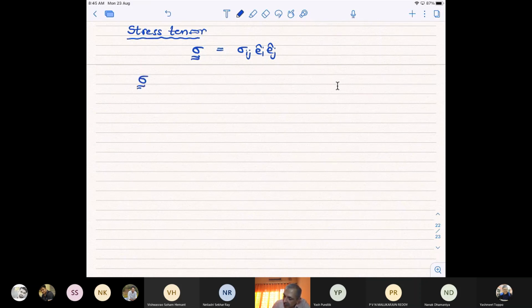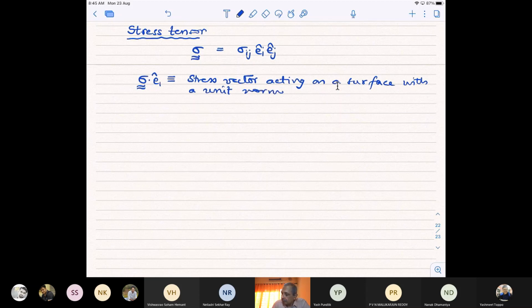So if we do sigma dot E1, then this is nothing but the stress vector acting on a surface with a unit normal E1. So this is the definition.